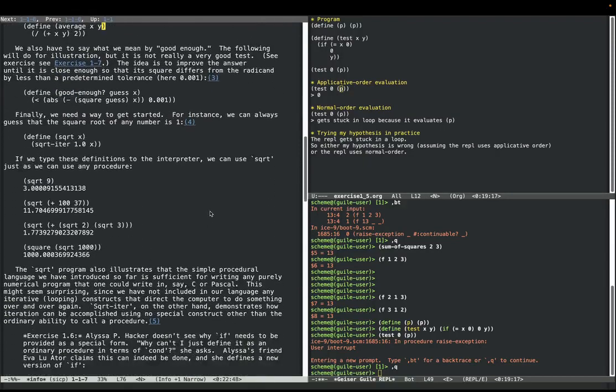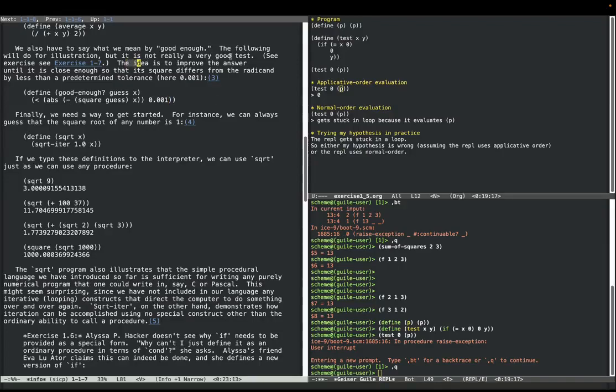We also have to say what we mean by good enough. The following will do for the illustration, but it is not really a good test. So if the difference is less than a thousandth, then it's good enough, okay.